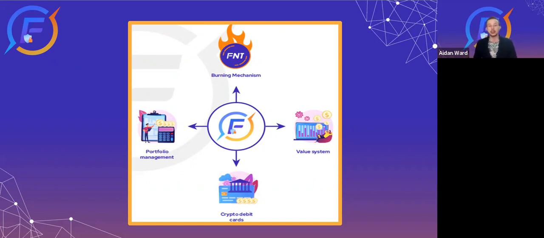You'll be able to utilize the portfolio management side of things, where you can use your digital assets to grow and trade all within the one platform. And of course, you'll be able to utilize the burning mechanism as well, if you want to help contribute to pushing a little bit of upwards pressure on the token value itself. Next slide, please.